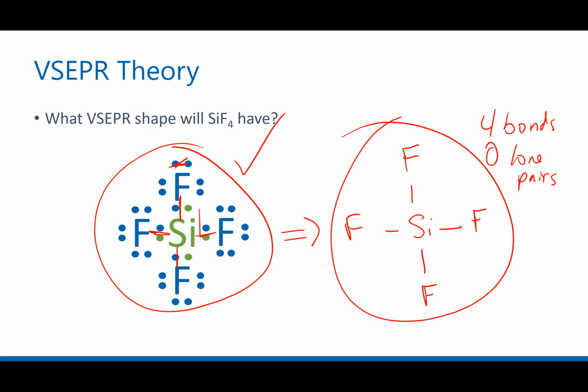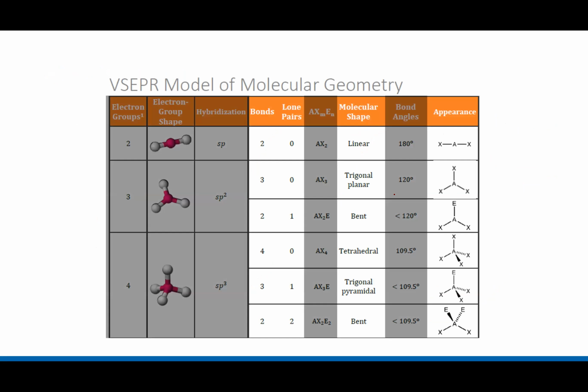I do not care about these lone pairs. They don't tell me the shape. All I care about is what's happening with the silicon in the middle, and it has 4 bonds, no unbonded electrons. So I go to my data booklet, I find it on the list.